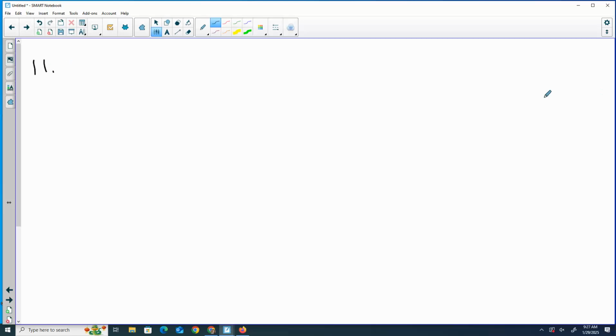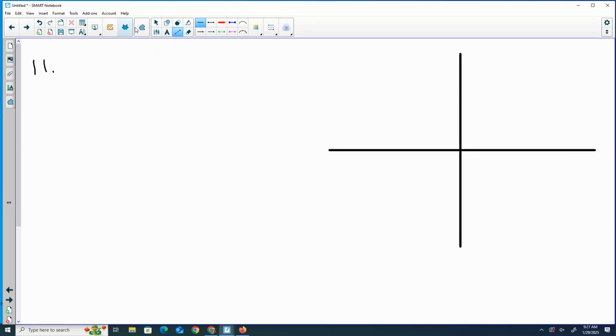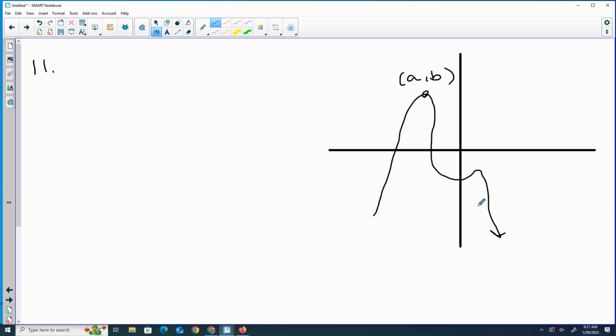Question 11. I'm asking you to use the graph to answer some questions. And when I look at this graph, okay, so it's something like this. Tells us this point is AB.